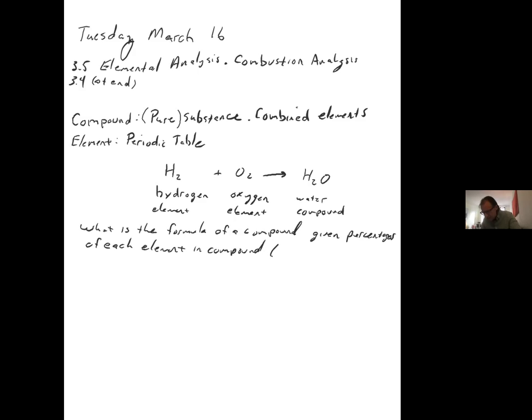Okay, and these are really, we're talking about mass mole calculations. That's really what this is. It's just another example of mass mole calculations.